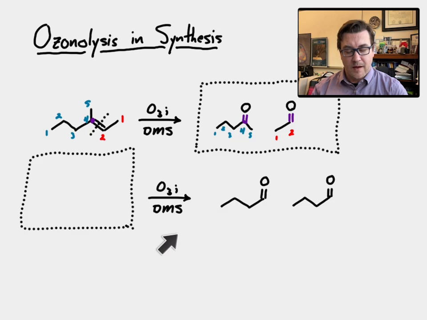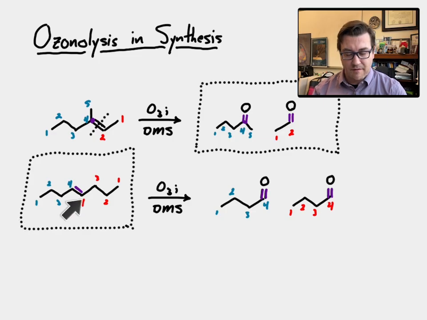So let's look at the other way around, where you have now these 2 aldehyde products, and in this case these 2 aldehydes are actually the same aldehyde, so that means that the molecule we started with was symmetrical. And we have, again, ozone as our reagent, so we know that this must have come from a cleaved double bond. And now we can count our carbons to make sure that we have enough carbons in our product.